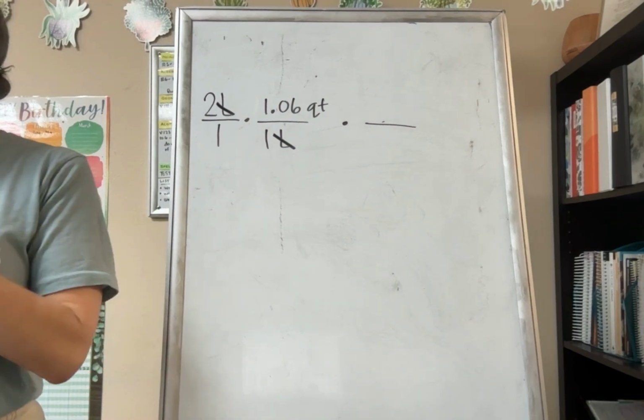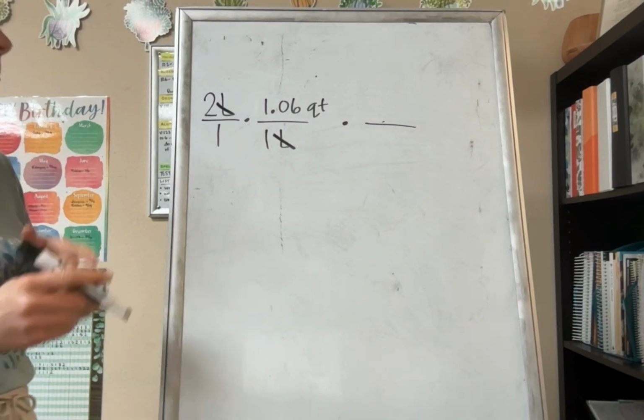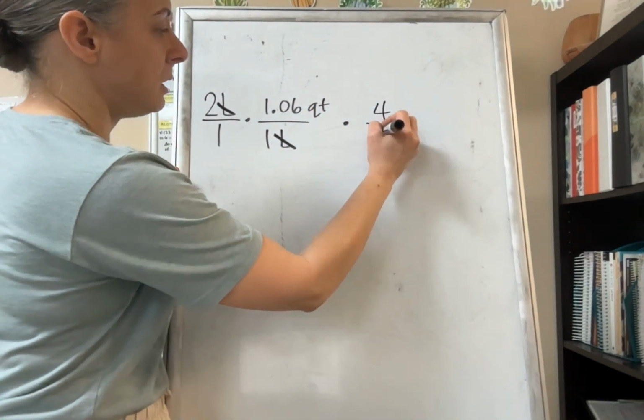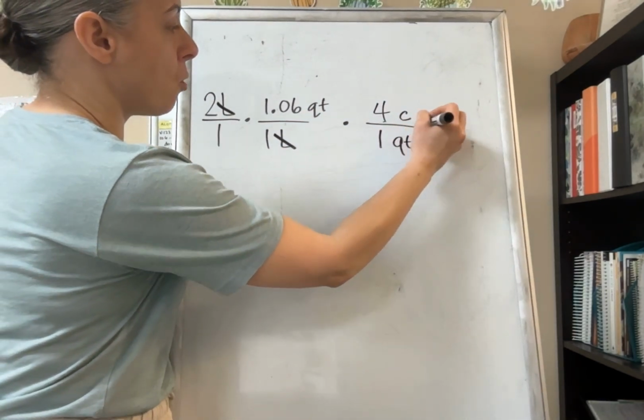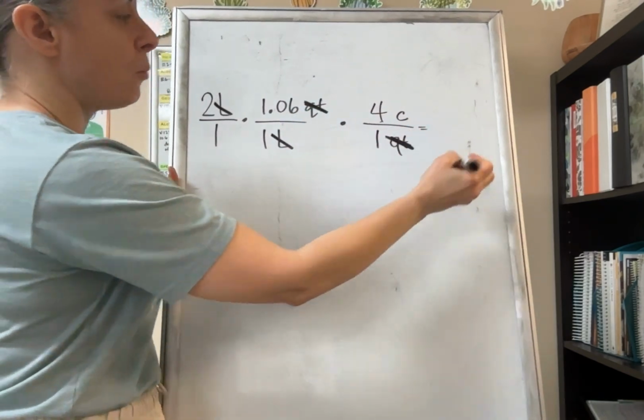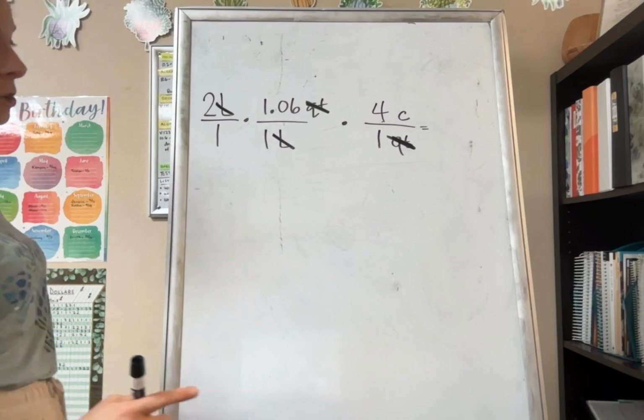So that means there's 4 cups in 1 quart, right? So that's what we're going to do here. We're going to say 4 cups are in 1 quart. Now quarts will cancel, and we'll just have cups left over as our unit.